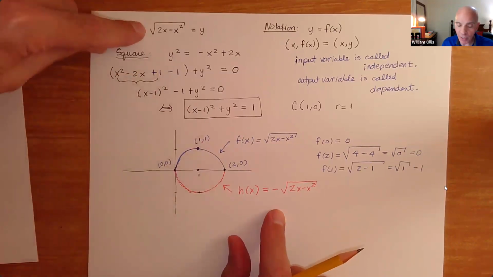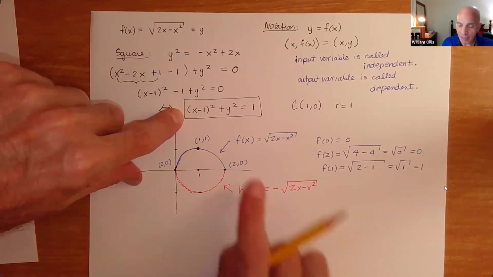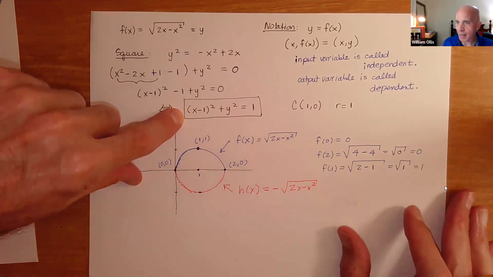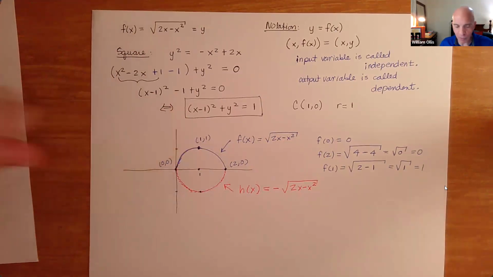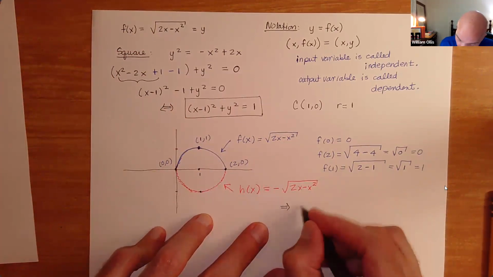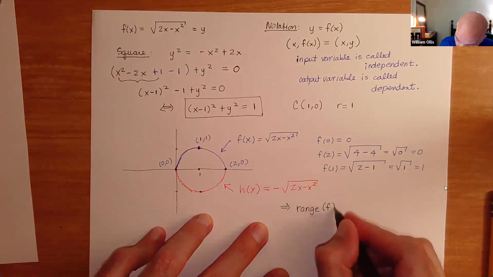But by squaring, we simply are able to recognize the existence of a conic section, a circle formula, which are easy to recognize. And then we can say, okay, now not only do we know what's going on with the domain, this also will imply that the range, in this case of f, is easy to determine.